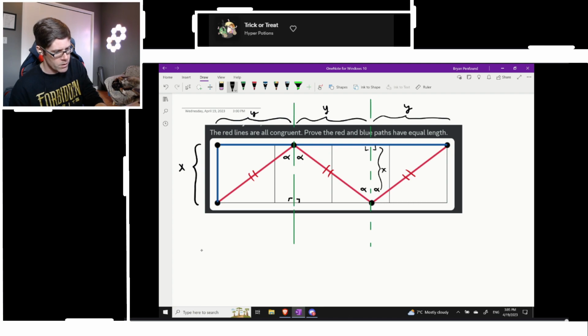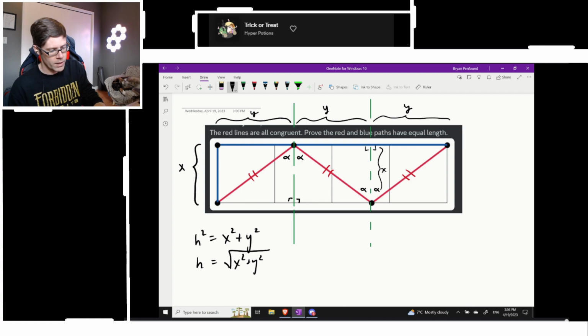Okay, so if we do a little Pythag on this, so if we say the red, I'll just call it the hypotenuse, the hypotenuse squared should be the sum of the squares of the other two sides. And we have 3 of them. So each hypotenuse should be the square root of x squared plus y squared.